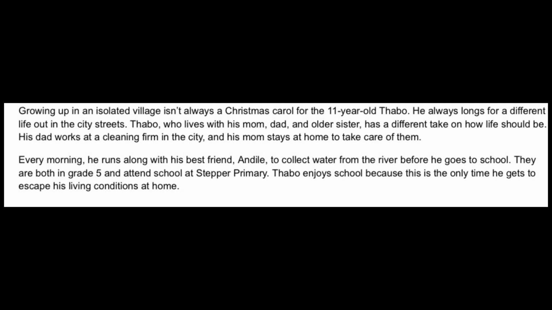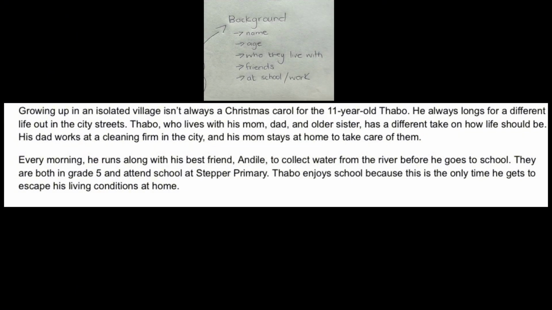All right, my steppers, so this is an example of how I would write my first paragraph, and this first paragraph includes all the information that I need to know about Tabo. Now, my steppers, I want you to look closely at this paragraph. Remember our mind map where we jotted down our ideas?